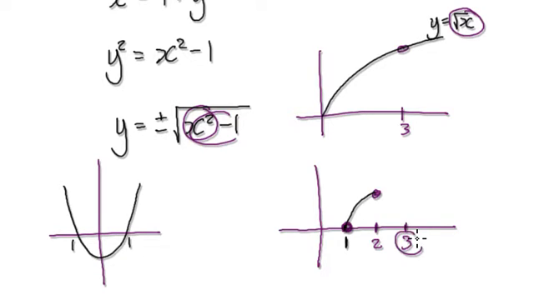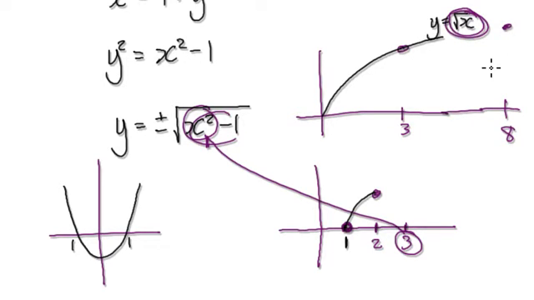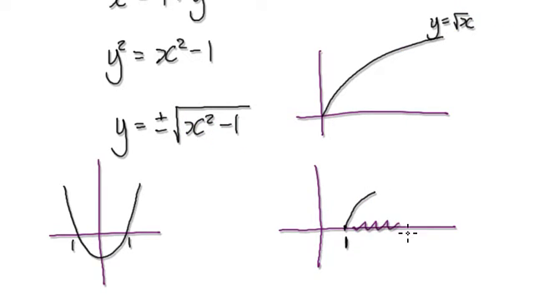But then if you put a 3 into here, 3 squared would be 9. Take away 1, that would be 8. So looking at the normal square root, 8 would be somewhere over here. The point I'm trying to make is that around this region it will still act like the square root of x.